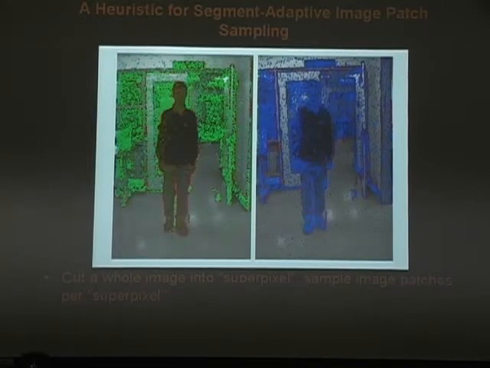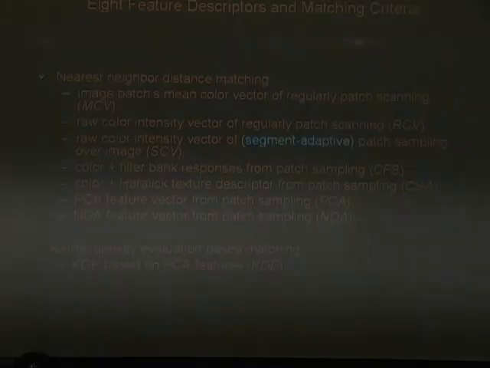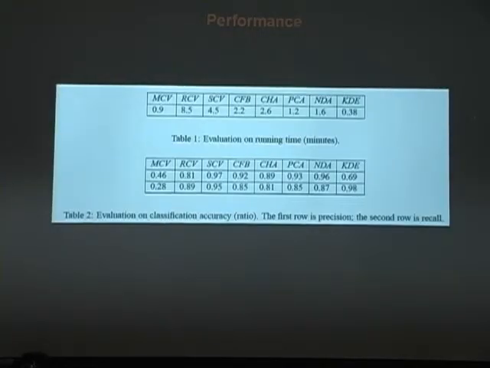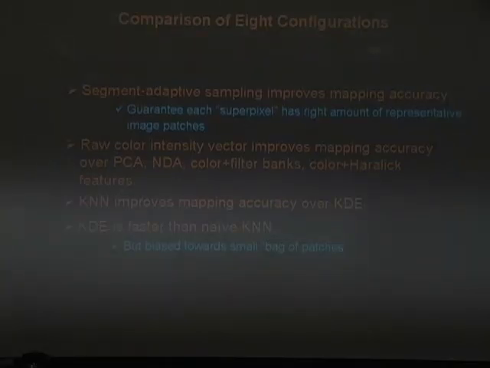I cut the image into segments, and then sample per image segment, guaranteeing each segment has the right amount of repetitive image patches. Then I try 8 configurations based on different matching criteria, different feature descriptors, and different sampling methods, like sampling directly from the image, with different strategies.